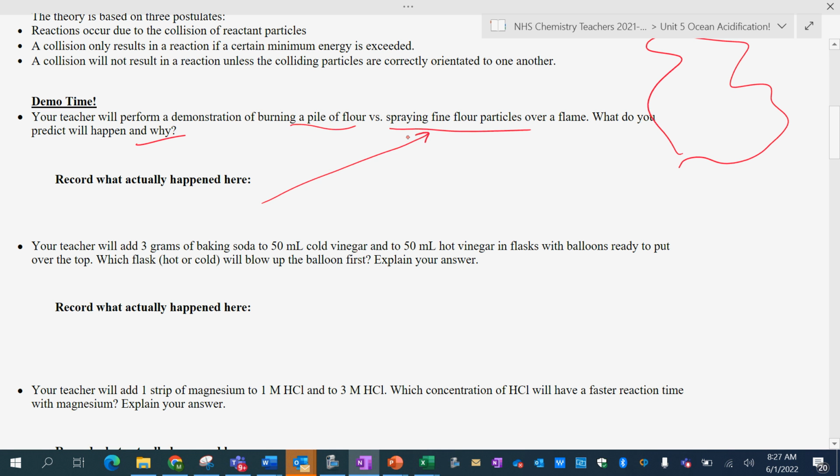Well, the fine flour particles have a higher surface area, and so the flame was able to burn all sides of each little piece of flour compared to when they were in bulk on just a piece of metal. So not as much surface area here. So increased surface area increases the rate of reaction.